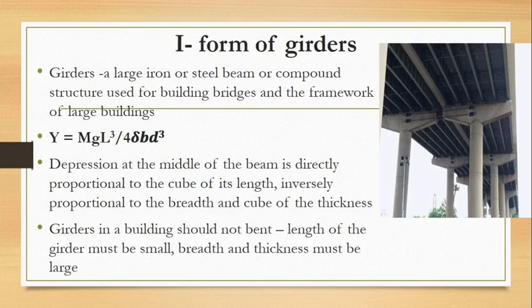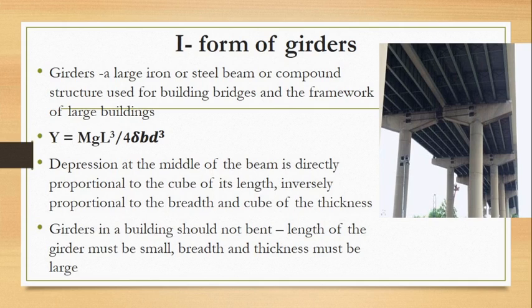Moving on to our next topic, that is I form of girders. What is a girder? It's a large iron or steel beam which is used for building bridges and the framework of large buildings. You might have seen this shape in the bridges.